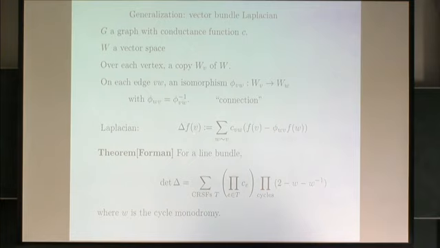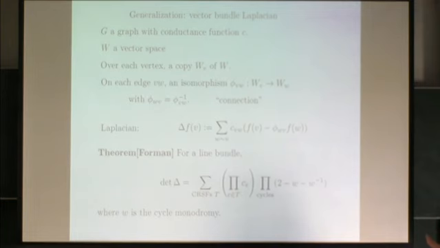What you do is you take f of v, and you want to subtract the value at the neighbor, but of course the value at the neighbor lives in a different vector space. So first you take the neighboring vector and you drag it back to the vector space where you're sitting using the parallel transport.